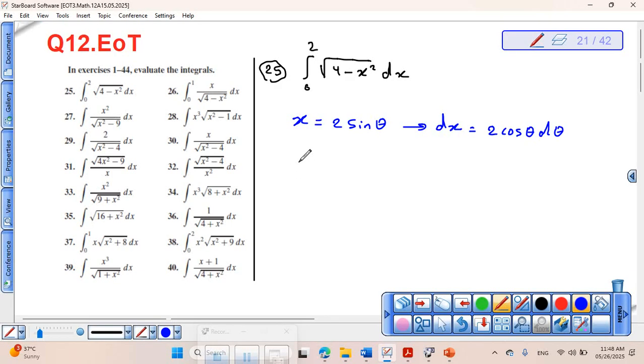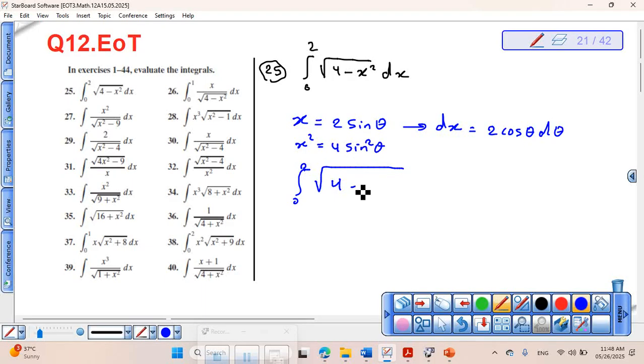If x equals 0, then... or maybe you can continue here. Integral from 0 to 2, radical 4 minus x squared, where x squared equals 4 sine squared theta.